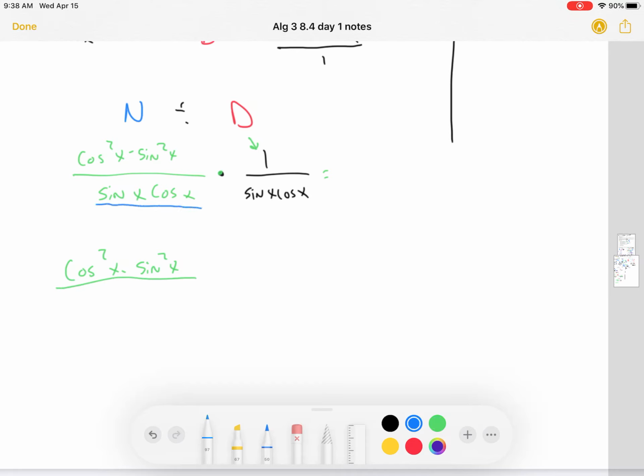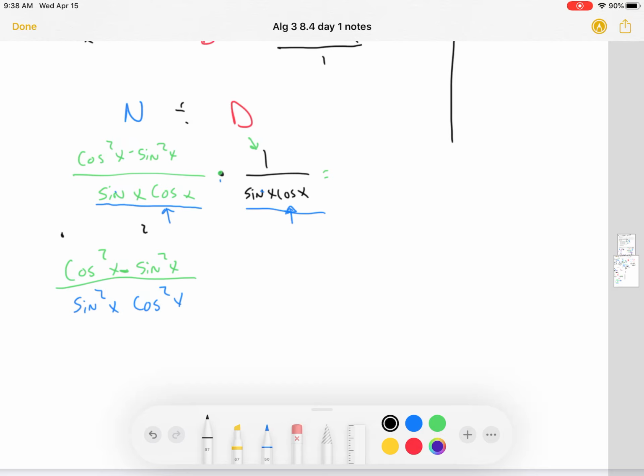Now on bottom, if I do sine of x cosine of x times sine of x cosine of x, well, sine of x times sine of x is just going to give me sine squared x, and cosine times cosine gives cosine squared x. Now, how many terms do we have on top?